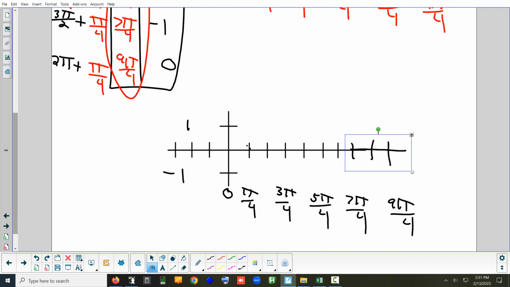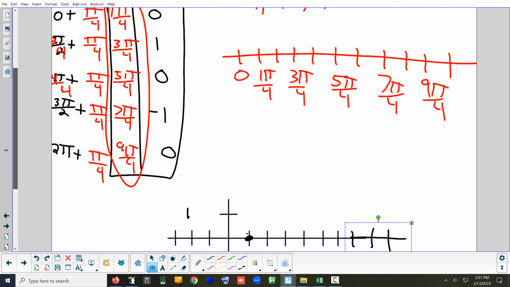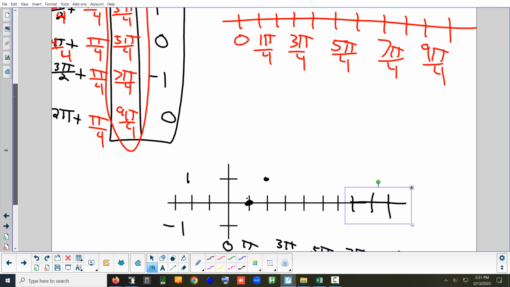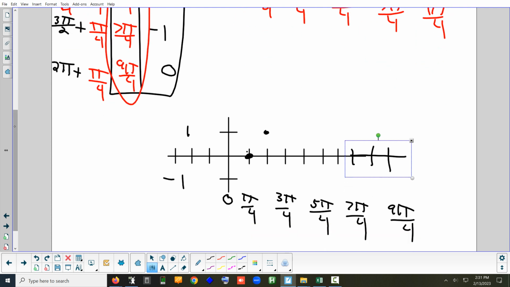So pi over 4, we're at 0. 3 pi over 4, we're at 1. 5 pi over 4, we're back to 0. Yeah, I just left my labels a little bit off. 1, 2, 3, 4.